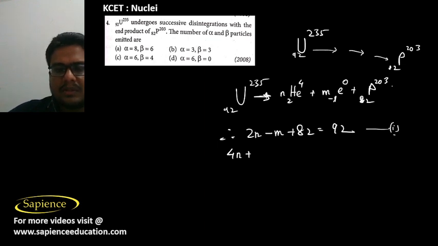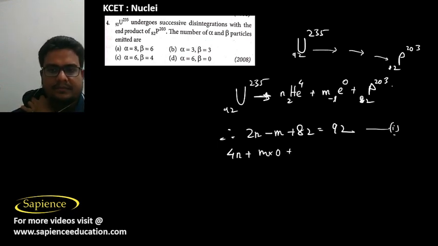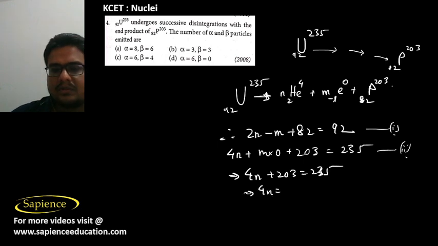That is 4n plus m into 0 plus 203 is equal to 235. So this is equation 2. From here we can see that 4n plus 203 is equal to 235. So therefore 4n is equal to 32. Therefore n is equal to 8. So therefore 8 alpha particles are emitted.